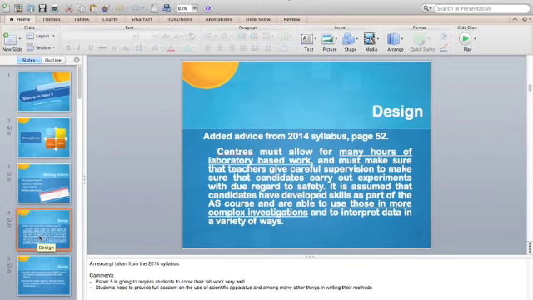This is an excerpt I took from the 2014 syllabus. As we can see here, the advice given is that we really have to let students work on their labs, and give them ample time to develop the skills necessary to answer this paper.